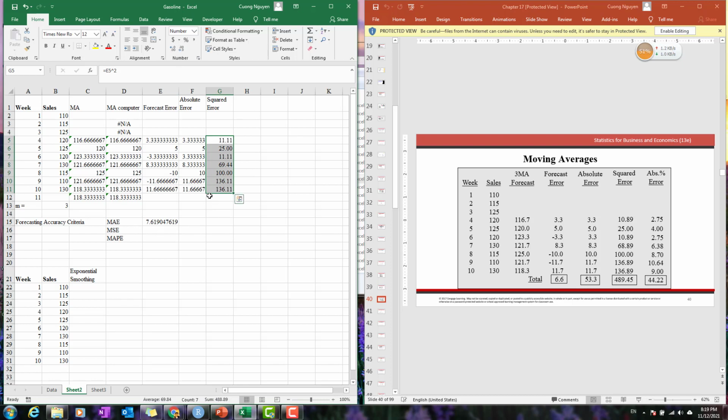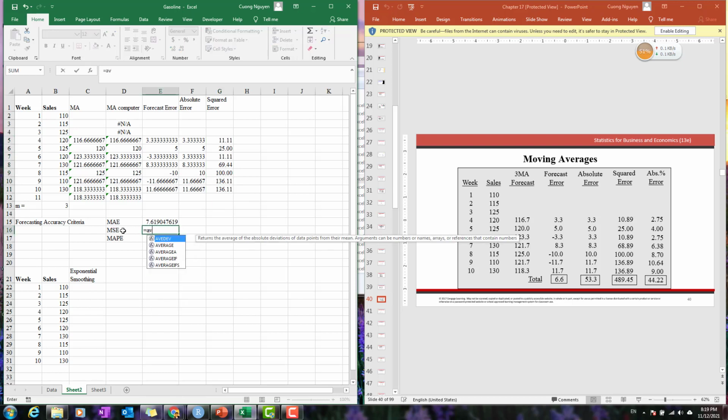With the square errors, we can easily measure the mean square error using the average function for all the square errors.